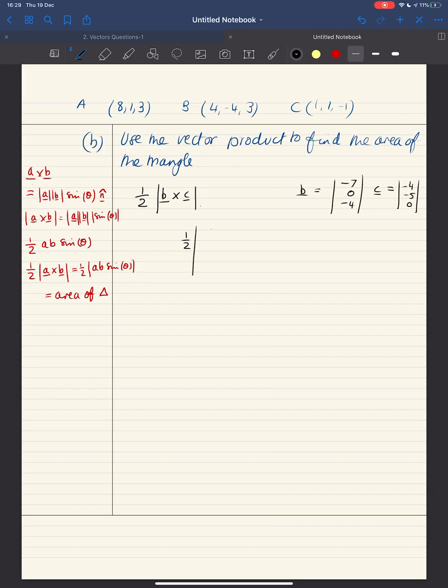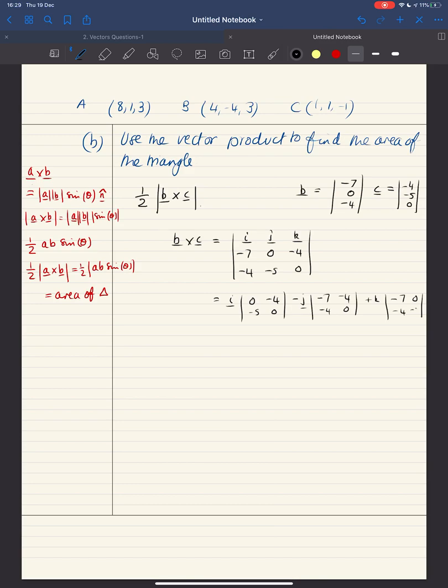So we need a half times the modulus of B cross C. I'll start by doing B cross C, and then we'll do the half bit. B cross C: I, J, K, minus 7, 0, minus 4, minus 4, minus 5, 0. I'm just doing what I've done lots of times already. I times 0 times 0 minus minus 5 times minus 4, which is minus 20.